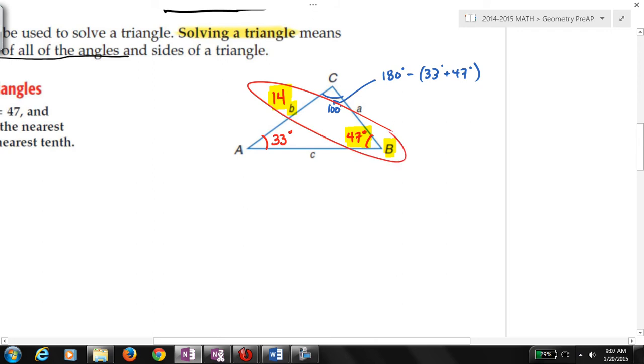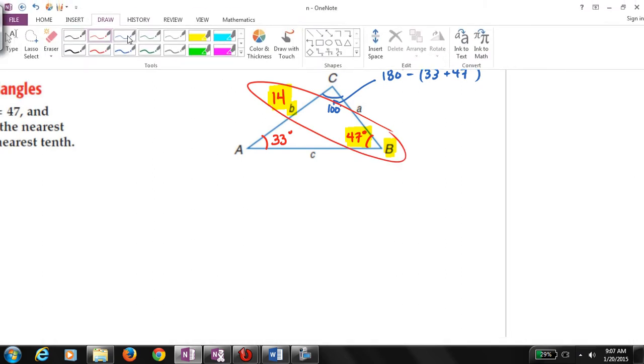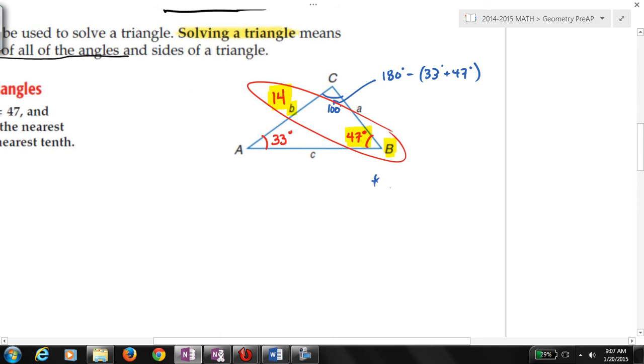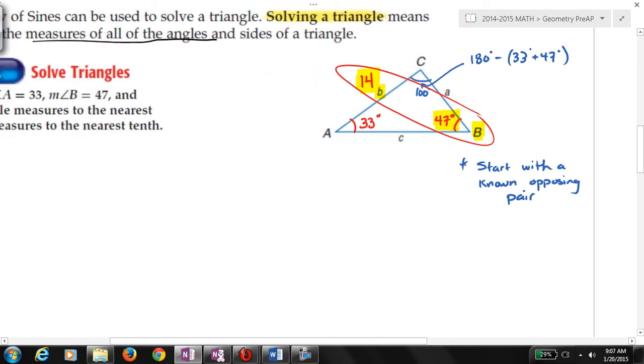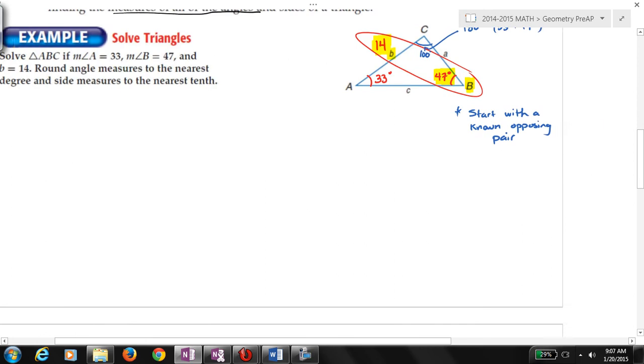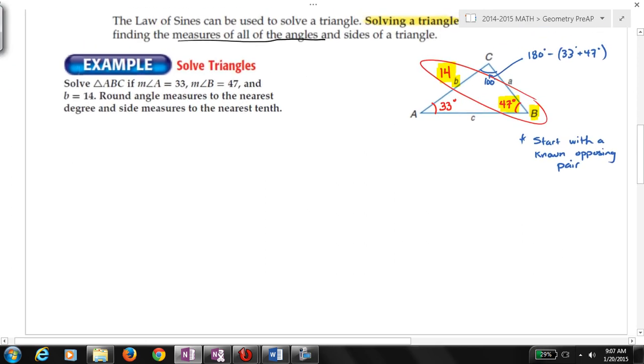So I'll make a little note here that we want to start with a known opposing pair. That is, you must know the angle and the opposite side. Now we can proceed to setting up our law of sines.